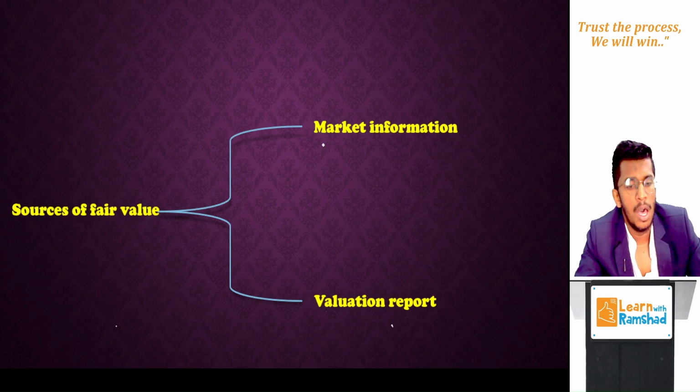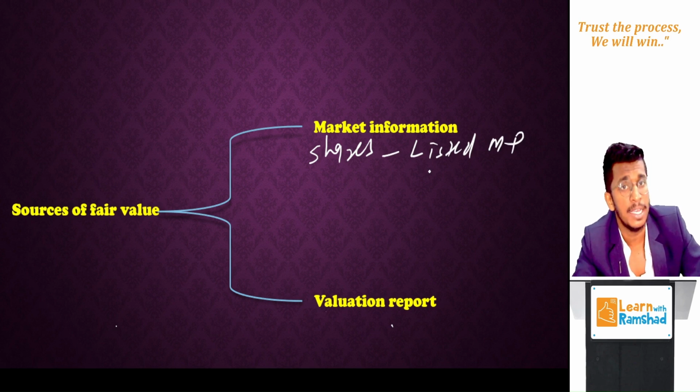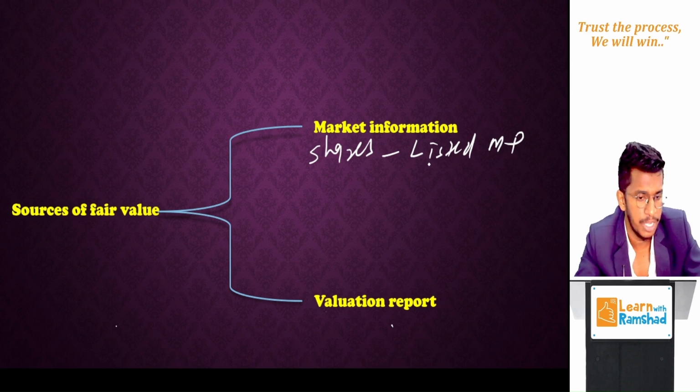Let's say when you calculate the fair value of shares, especially shares of a listed company, you can take the listed market price as a reasonable source of fair value, right? That is openly available. Ready? As of now, if you want to know the Reliance share price, you can easily just Google it, then you can take that information. Ready?